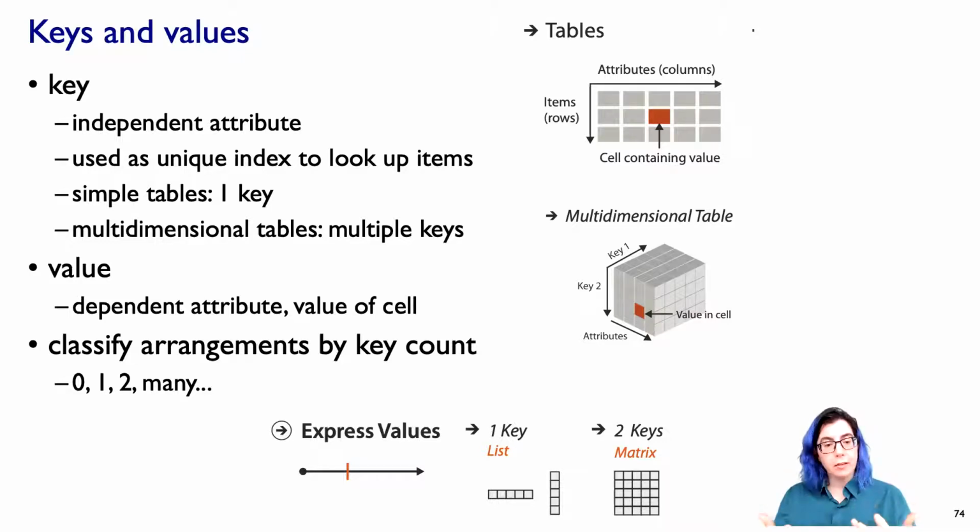So we're thinking of values as what you might call a dependent variable or attribute, a value that you could look up. Now, the reason we're getting into this is that it's really instructive to think about visual encodings according to how many keys there are in that data. And of course, this is always coming down to semantics. Deciding what's a key and what's a value can be a judgment call. But we're going to walk through either 0 keys or 1 or 2 in this tutorial.